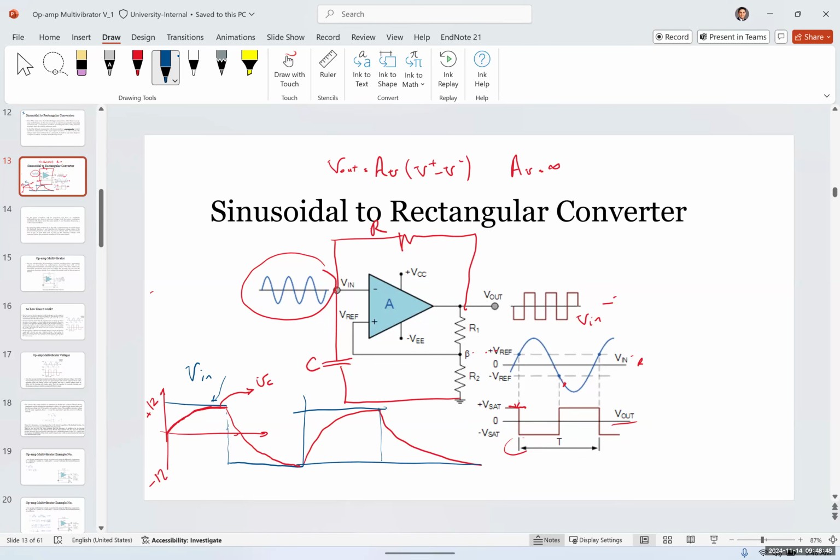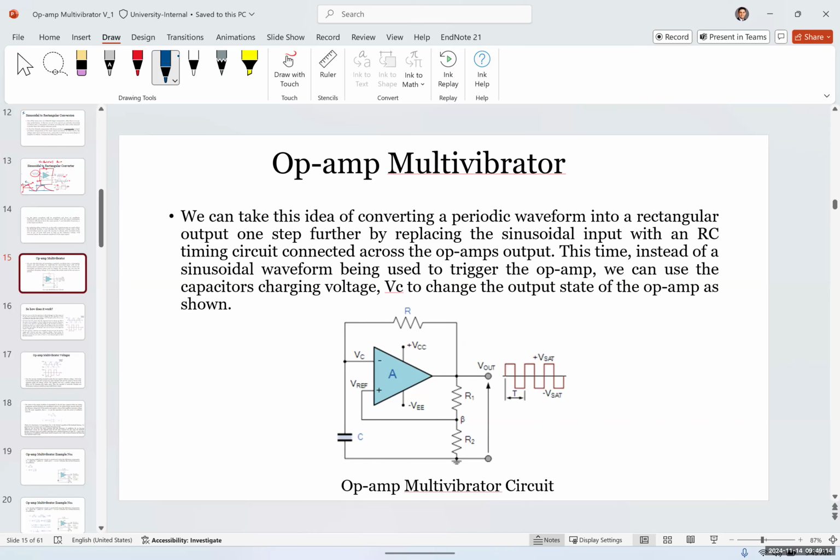The way that we can use it in this op-amp is that actually we can create a multi-vibrator if I add this RC to the input of the op-amp. And how does this work? The way that this works is, it's actually explained here as well.